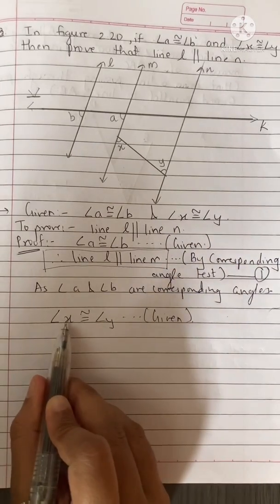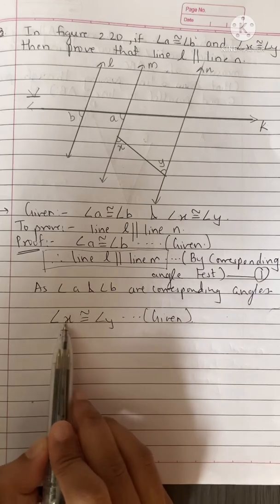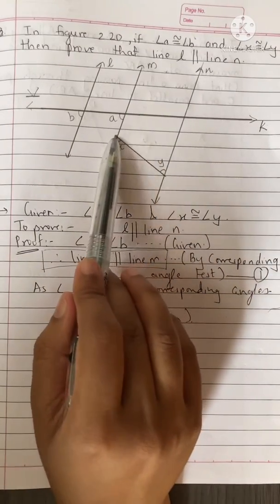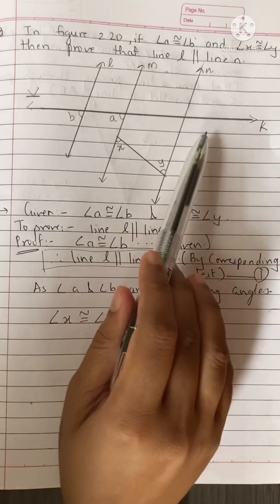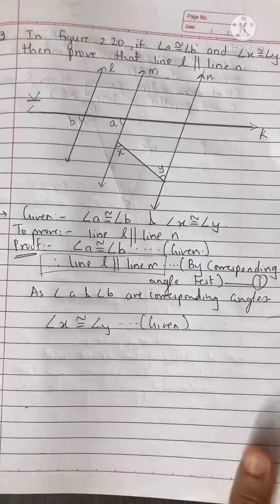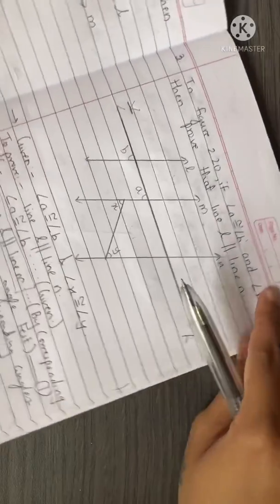Now you see in the diagram where angle X and angle Y lie, and whatever they are attached to, keep that part of the figure and block the other part of the figure. Okay, let us do that so that there is no confusion.